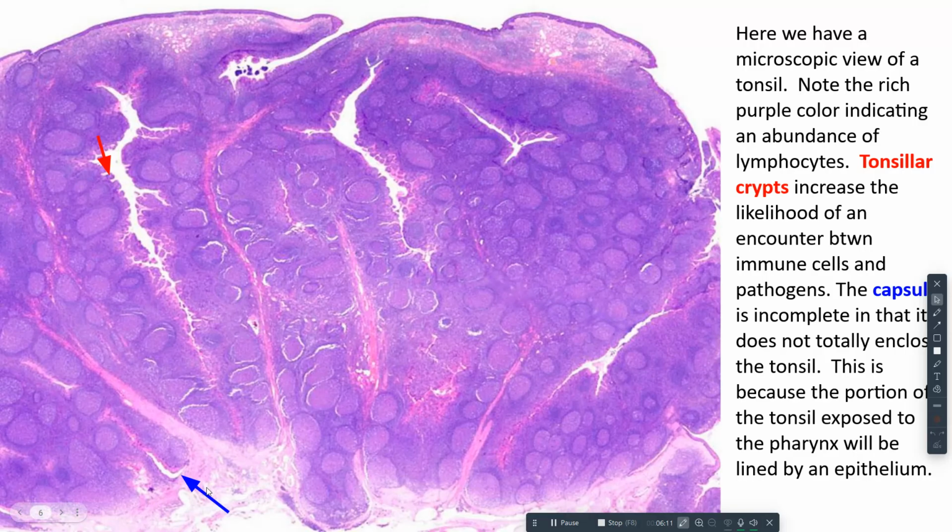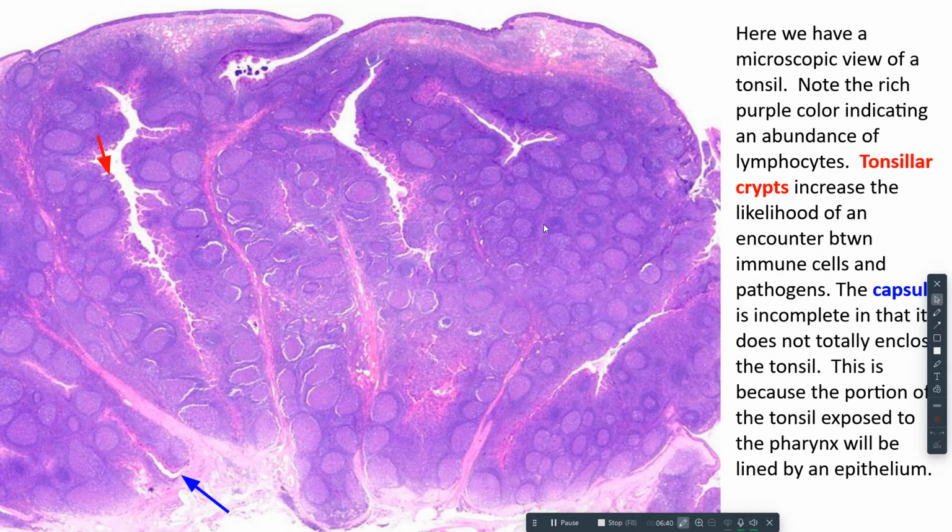There is a capsule, but it's only on this deeper part, because up here where the white space is, that would be the lumen of whatever cavity, whether it's the nasopharynx or oropharynx or oral cavity, and there has to be epithelium adjacent to that lumen. So there's a capsule, but it's only on the deeper part.